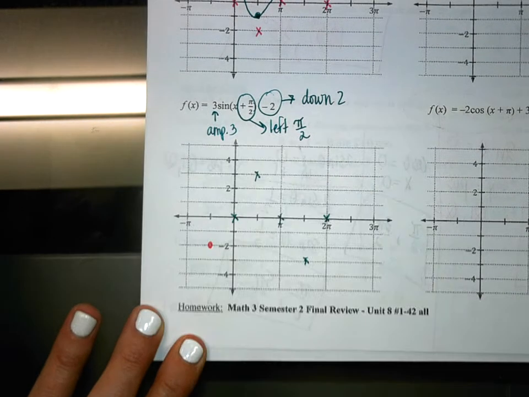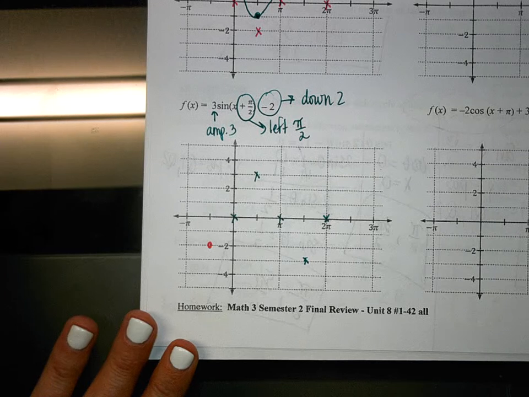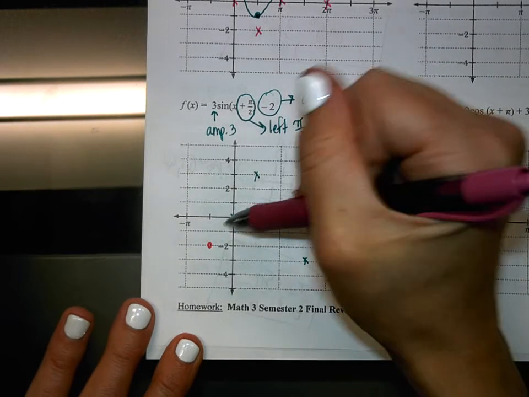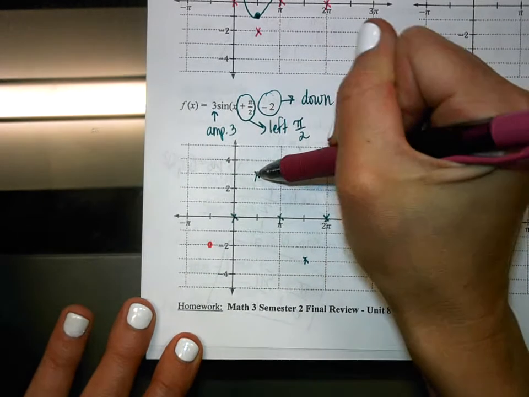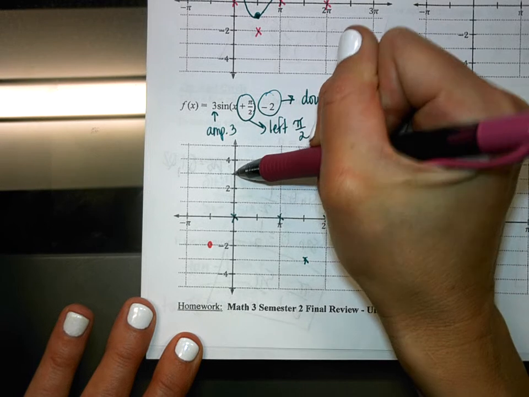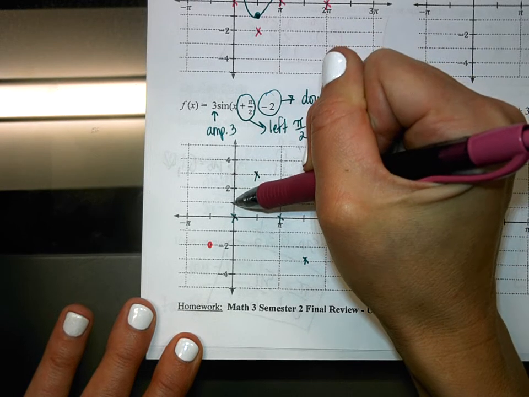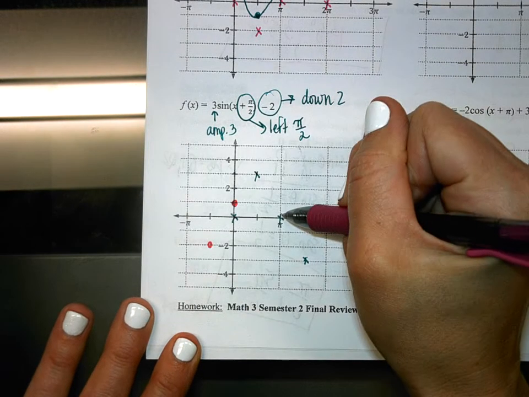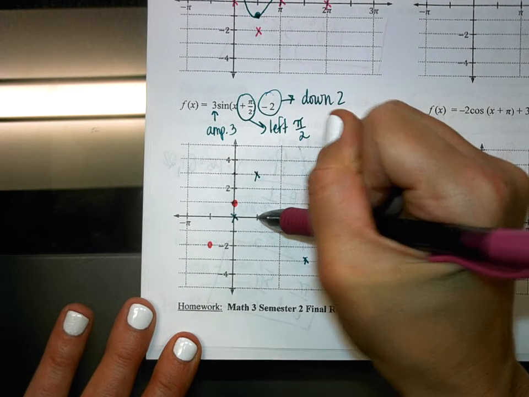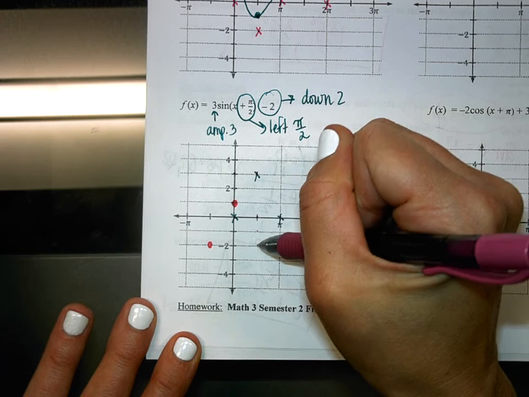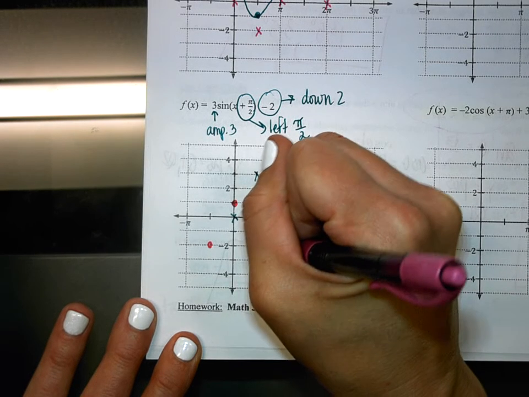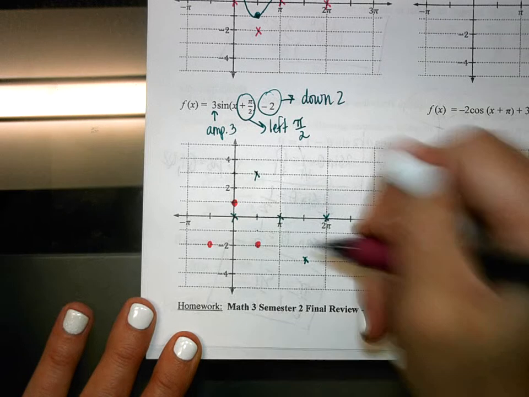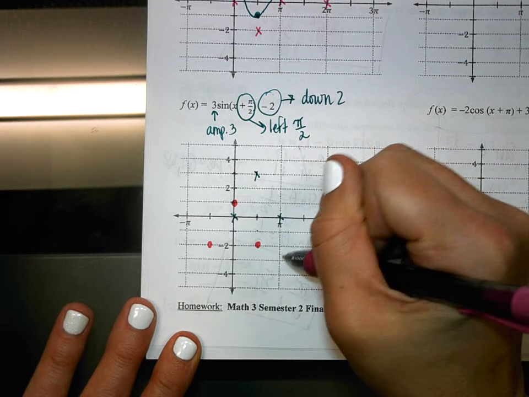And I go to each of my x's and do that. So I did that for this x. Now I'm going to go here. Left pi over 2, down 1, 2. Going to my third x, left pi over 2, down 1, 2. My fourth x, left pi over 2, down 1, 2.